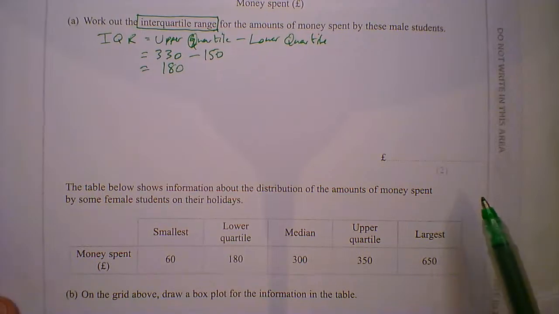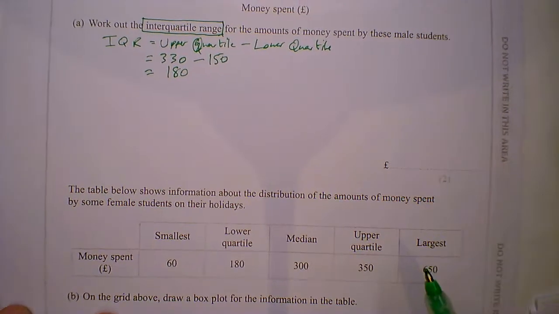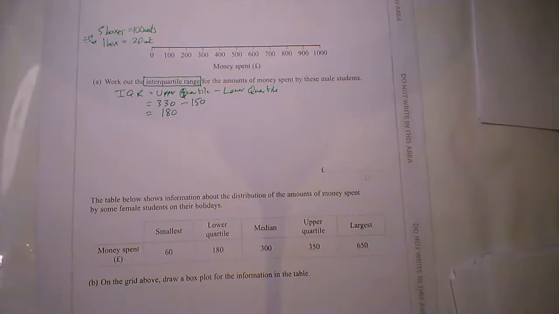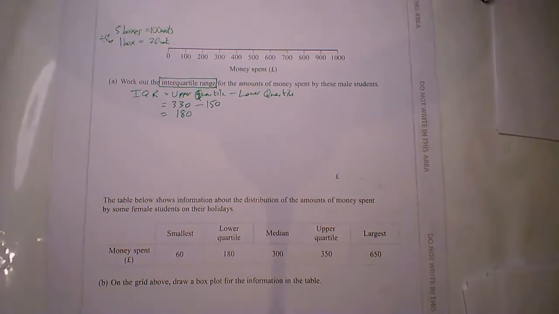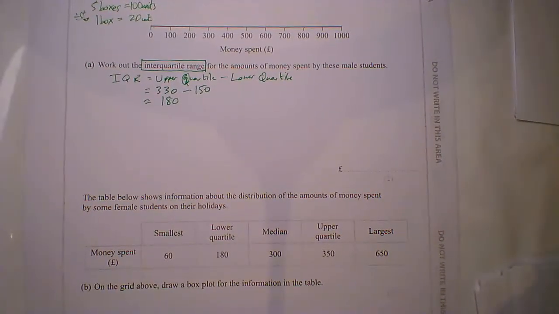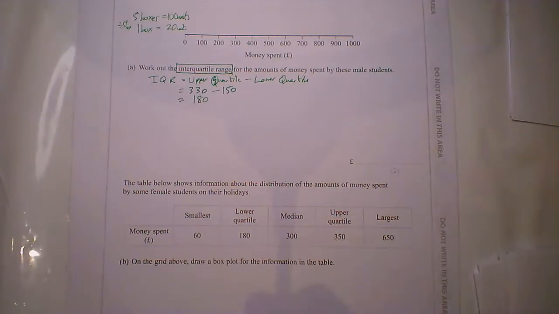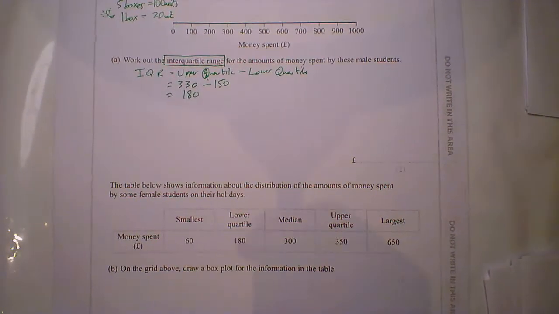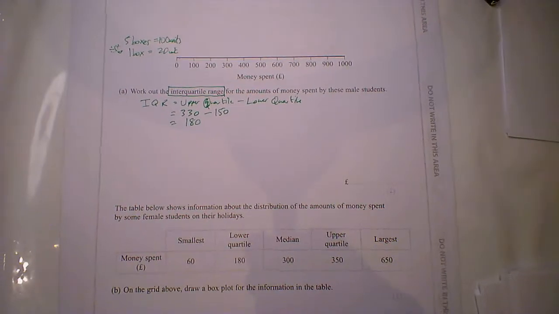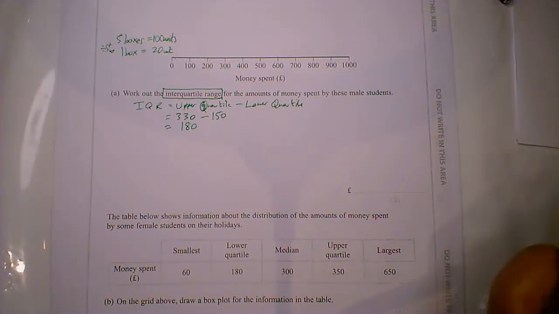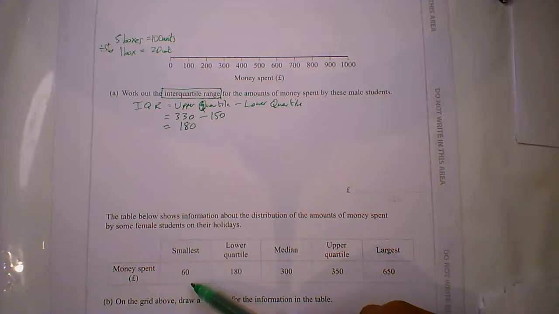So I've kind of started this already. I have to zoom out a little bit. Let's see if I can do that. Okay, so that's not enough. Zoom out a little bit more. Okay, so here we have it. Our smallest one is 60.